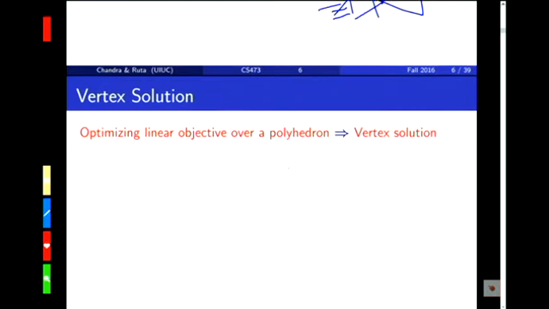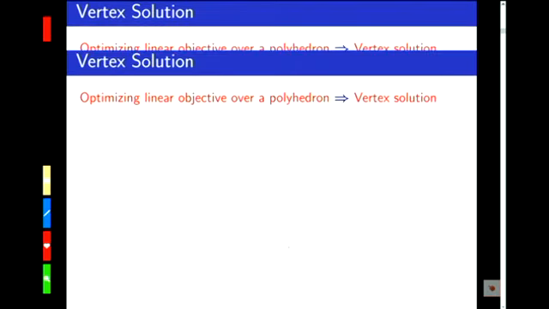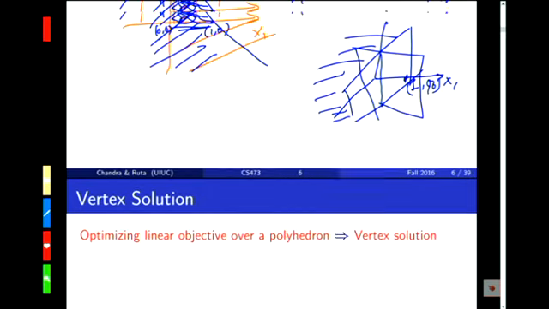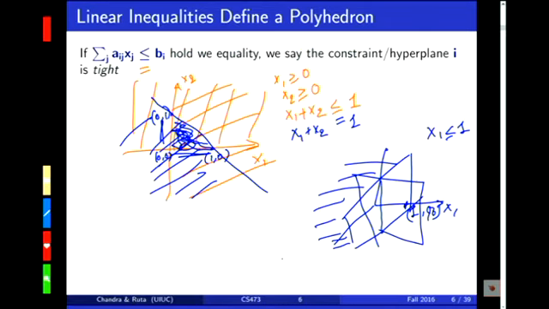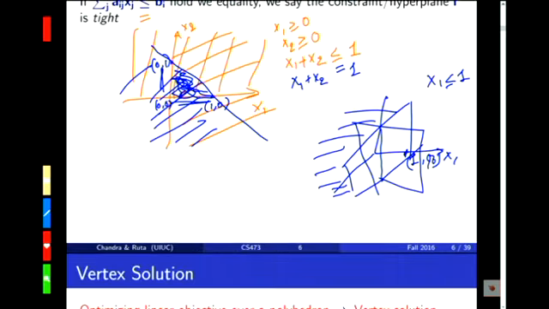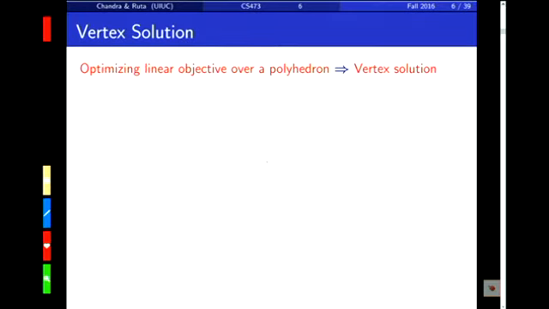Now, another view of a polytope is that you have these corner vertices and you take all possible convex combinations of these corner vertices.